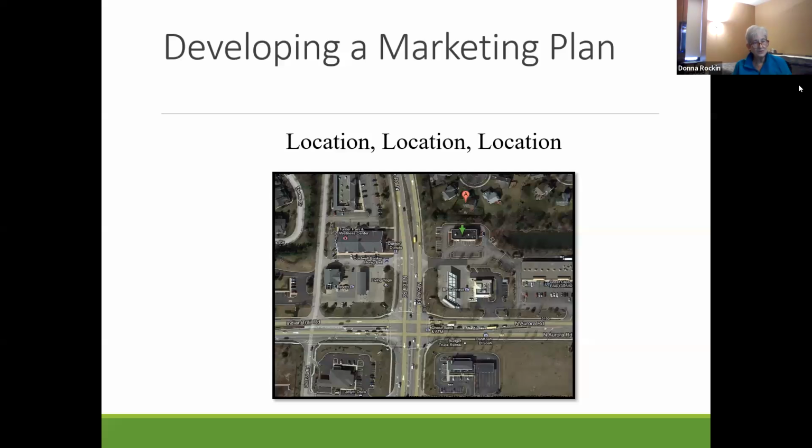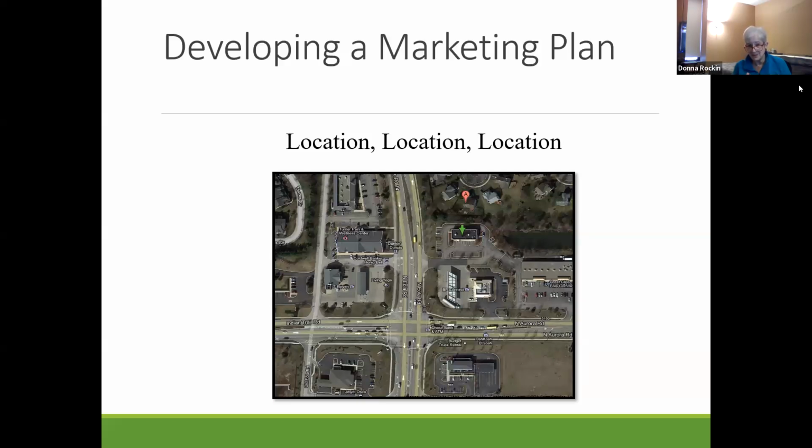When you choose a business location, if you actually need a storefront, think about your signage, and your signage should be dual. It should be horizontal, so you can see it across the street if you're walking down the street. And it should also be vertical, so if you're driving, you can see it when you're looking for a location.